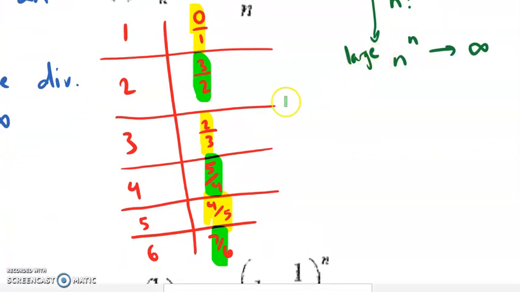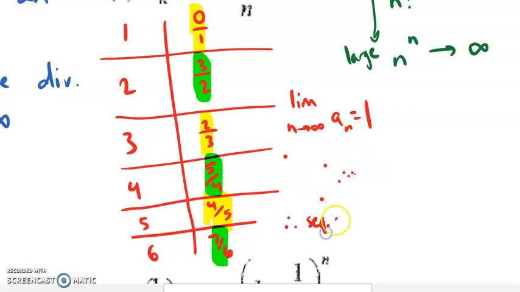So because the limit of all of these is equal to 1, we would say that the limit as n approaches infinity of the nth term is equal to 1. Okay, graphically speaking, we would kind of bounce back and forth. Too big, too small, too big, too small, but we're getting closer and closer to that value of 1. Okay, so therefore the sequence, Mr. Pomerantz, converges to 1.